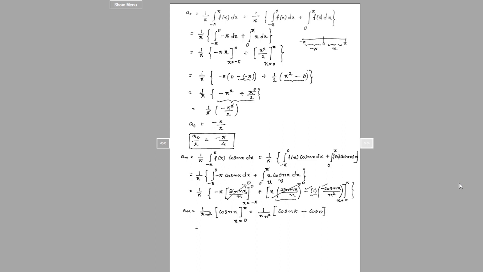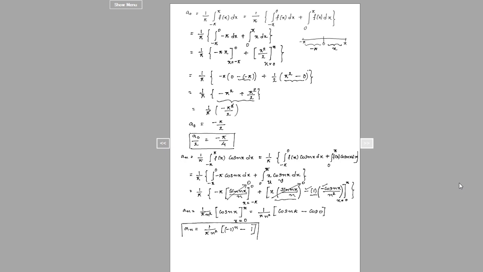Cos n pi is what? You know that cos n pi is minus 1 power n, minus cos 0, which is 1. So this is what an.